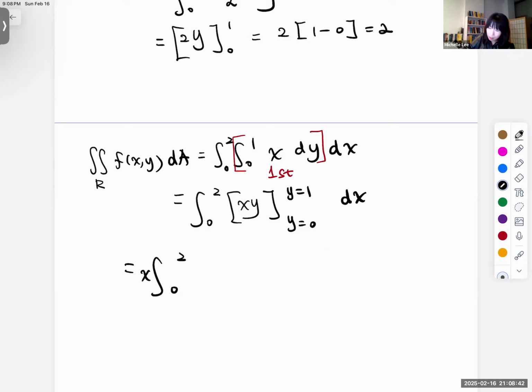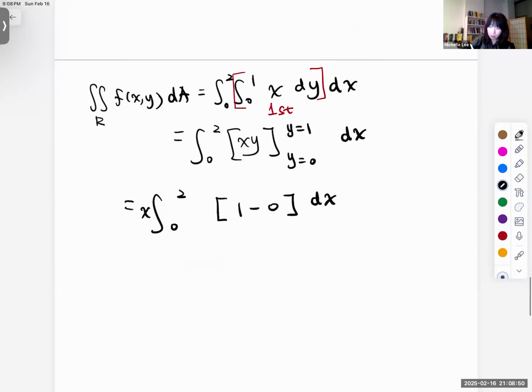Okay, then y is 1 minus 0, dx. Yeah, then we get 1, so we can bring back the x dx. Okay, now we want to integrate with respect to x. So we get x squared over 2.